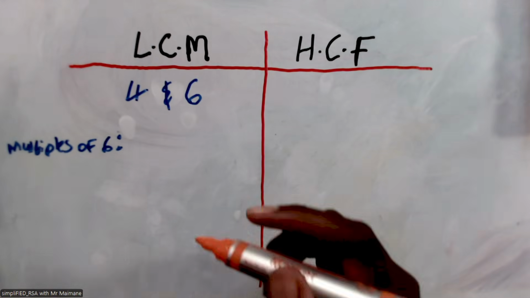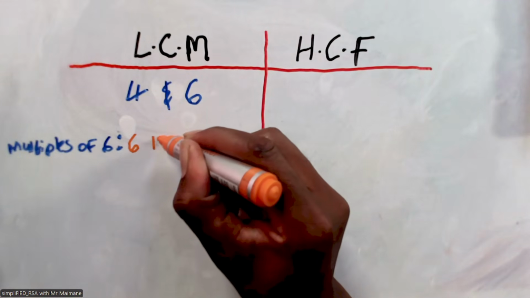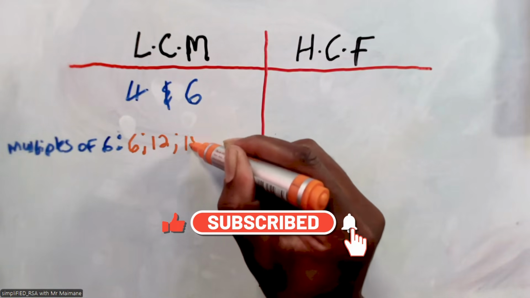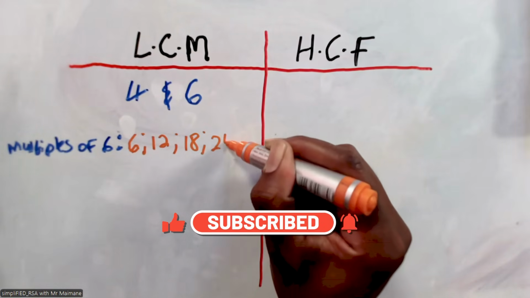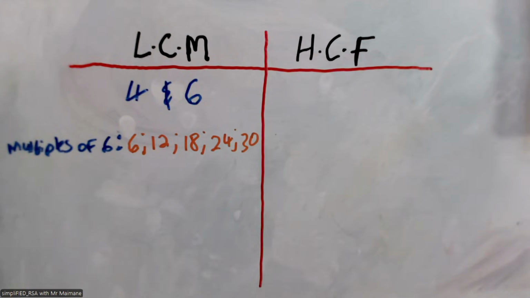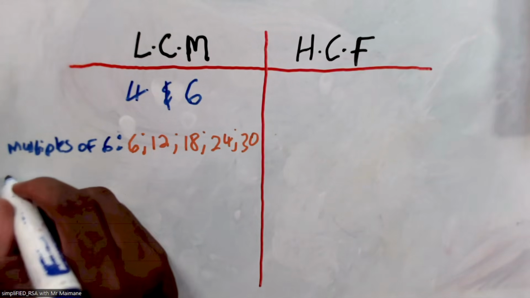Multiples of 6 are 6, 12, 18, 24, 30. Now I will find the multiples of 4.